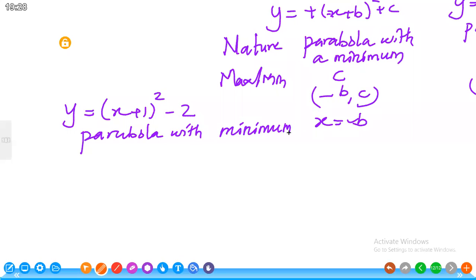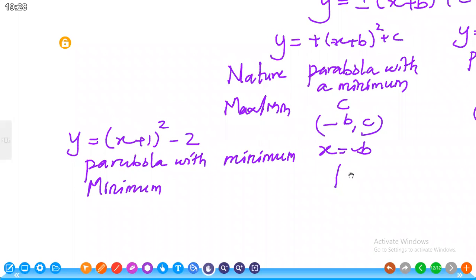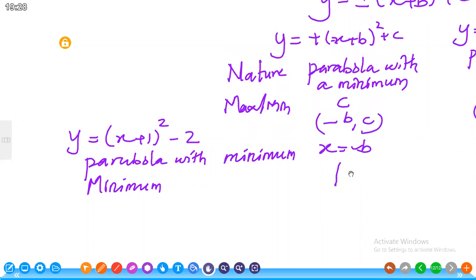Okay, and also we have to find the minimum value. What does the minimum value represent? According to the table, the minimum value is c. When the format is y is equal to plus (x plus b) all squared plus c, the minimum value is given as c. Here b is equal to 1 and c is equal to negative 2, right?